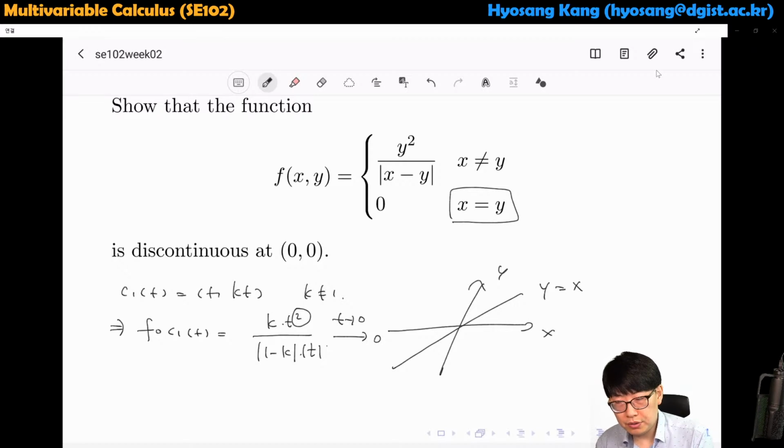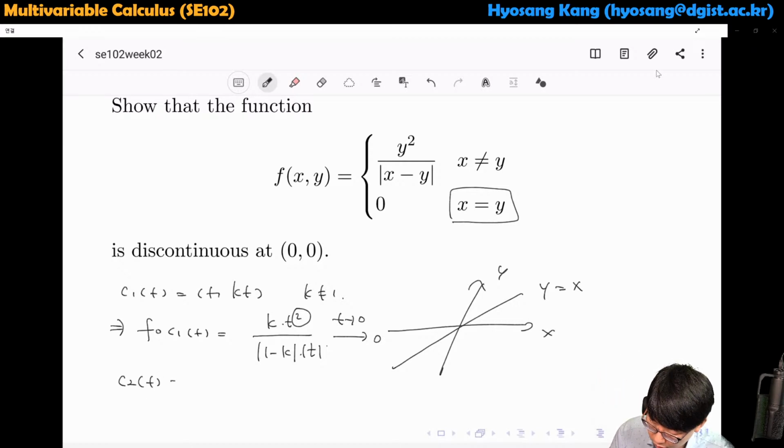But is it sufficient to show that this f is continuous? No, because we may have another path, not a straight line, but a curly path. For example, you can check the path (t, t squared), along the y equals x squared line.